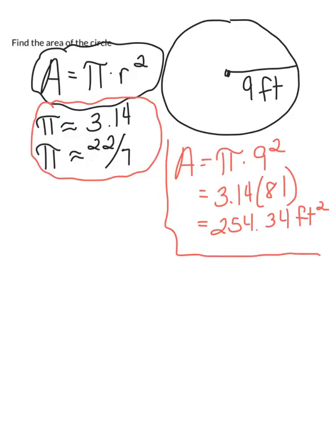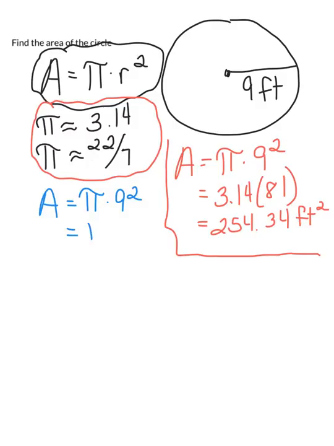Now I'm going to do it a different way. I'm going to leave the pi symbol, and this is actually one of the easiest ways to do this. If we leave the pi symbol, I'm going to do A equals pi times 9 squared. And like we said before, 9 squared we know is 81.